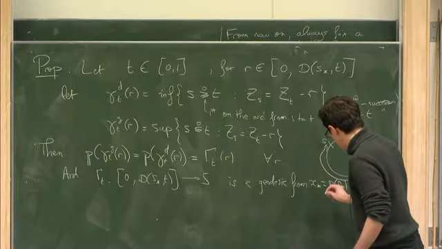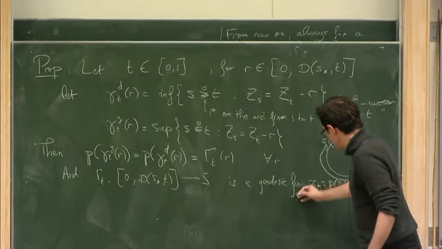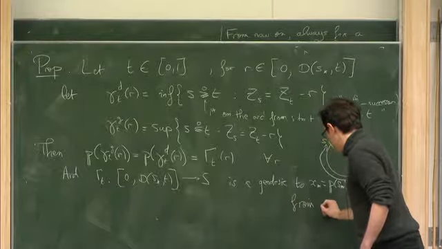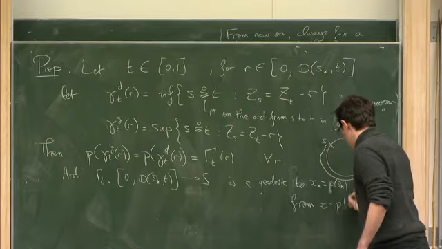Well, it's actually the opposite. It's going to, okay, and from x equals p of t.